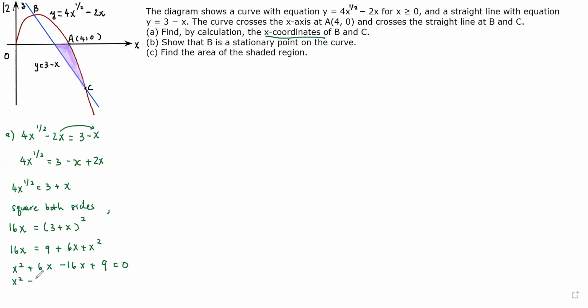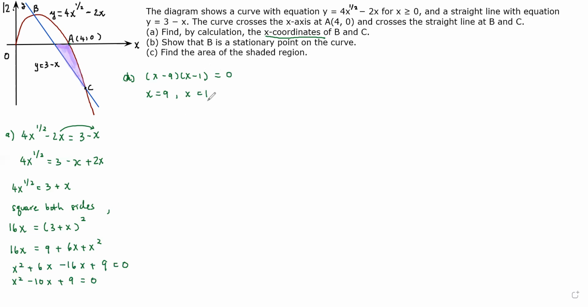X squared minus 10x plus 9 equals 0. That can be factored to be (x minus 9)(x minus 1) equals 0. So x is either 9 or x is 1.